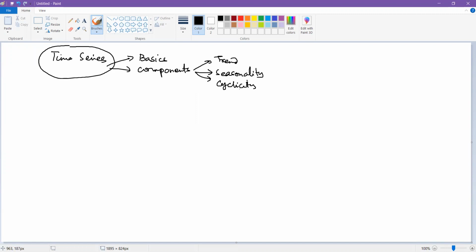These are the main components we saw. We also saw things like white noise or simply noise, or we can also call them the irregularity. So these are some of the components that we have seen.